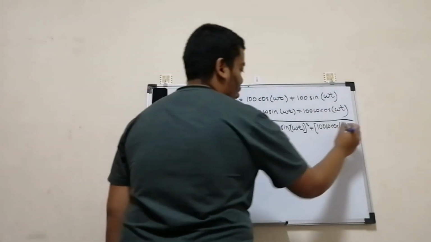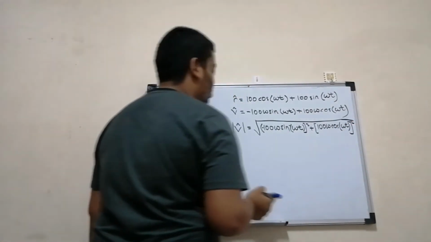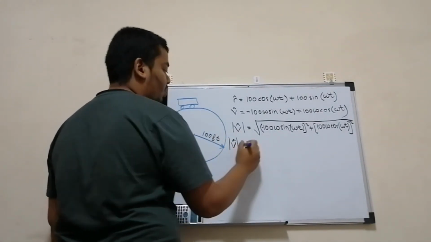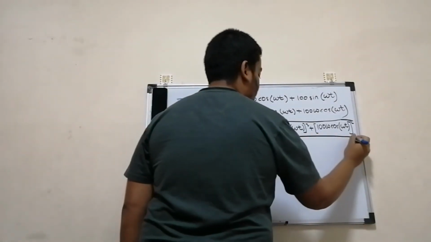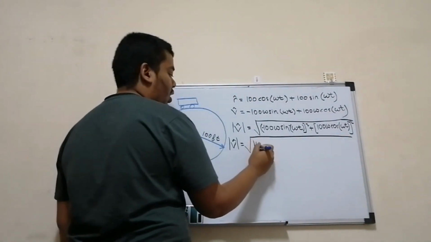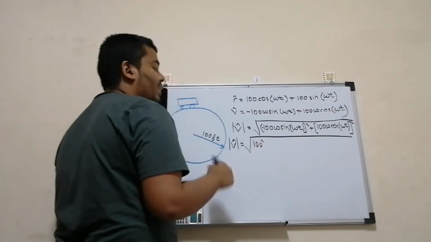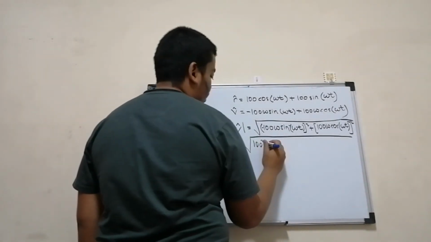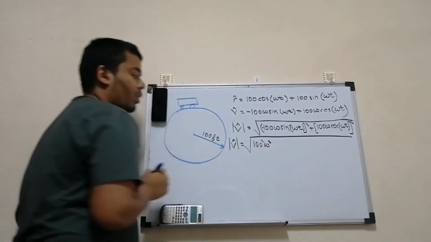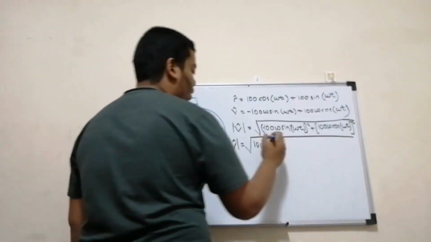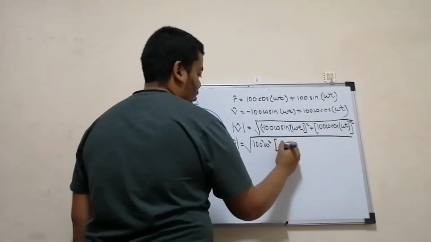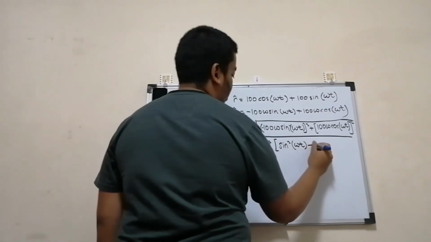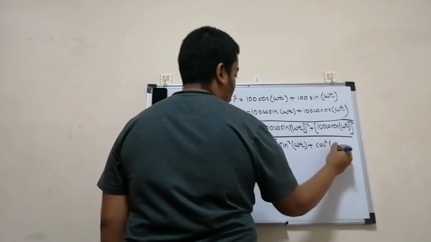Okay, and then we'll have the entire thing as square. So we're taking the magnitude. We can simplify this as 100 square, because negative 100 square or 100 square is the same thing, so we can take 100 square as common. We can take omega square as common, and we will be left with sine square omega t plus cos square omega t.